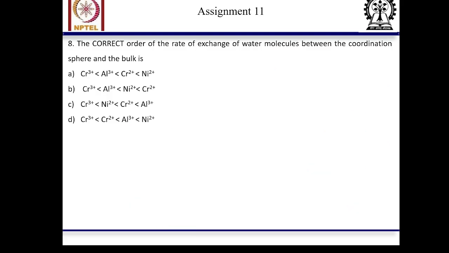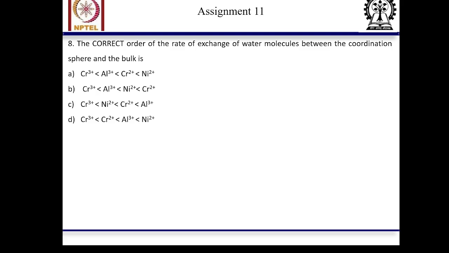Okay, so now the next question: the correct order for the rate of exchange of water molecule between the coordination sphere and the bulk. Option A is chromium 3 plus, aluminum 3 plus, chromium 2 plus, nickel 2 plus. Option B is chromium 3 plus, aluminum 3 plus, nickel 2 plus, chromium 2 plus. Option C is chromium 3 plus, nickel 2 plus, chromium 2 plus, aluminum 3 plus.